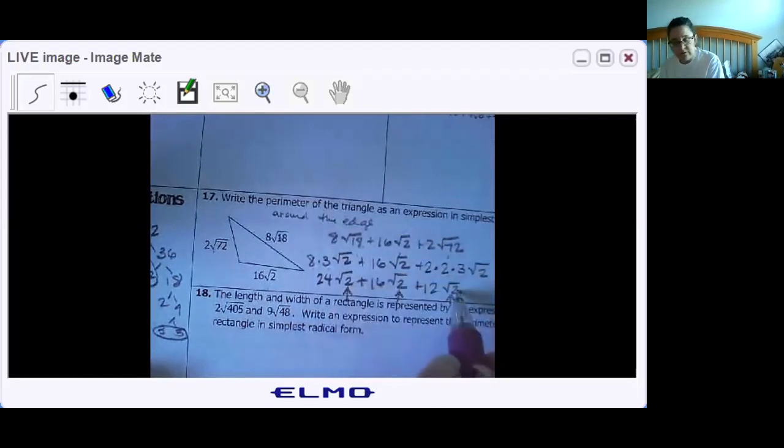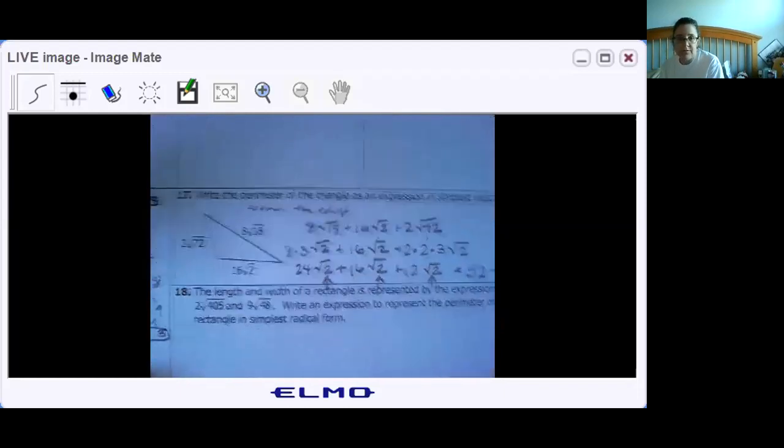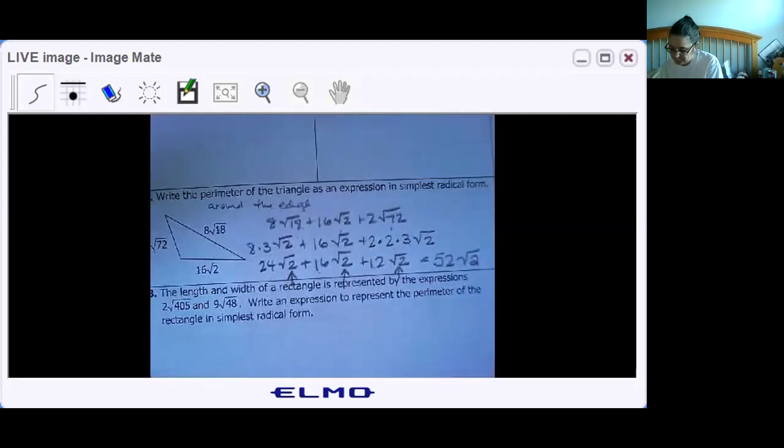So all my radicals match, or all my radicands match. So now all I've got to do is add my numbers. 24 plus 12 is 36. 36 plus 16 is 52 times the square root of 2. Okay? And that's how these problems go.